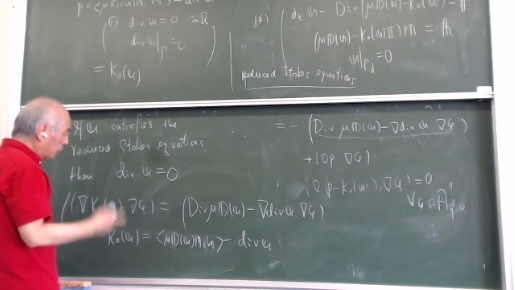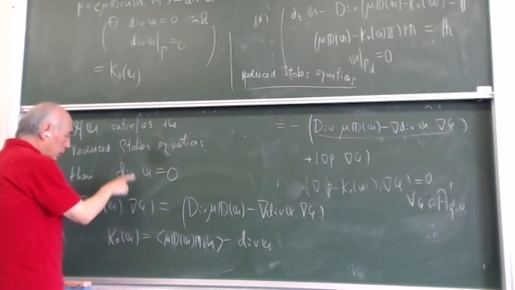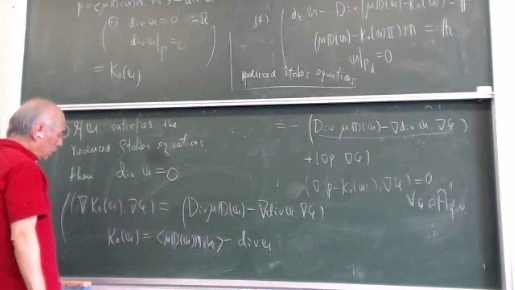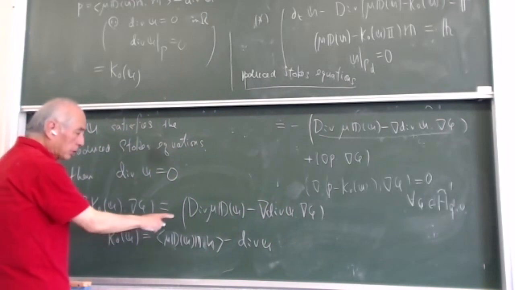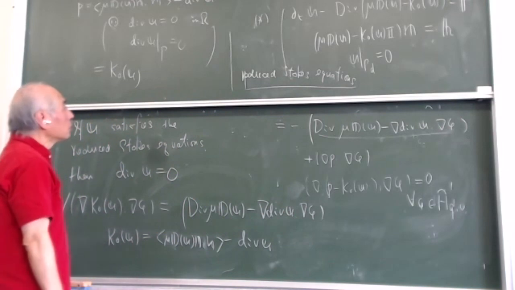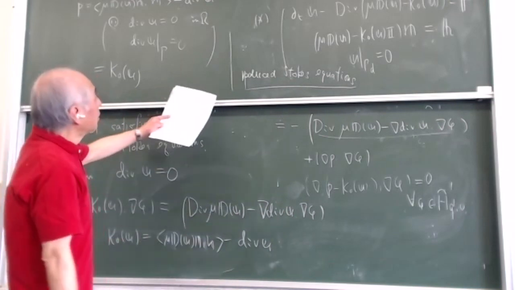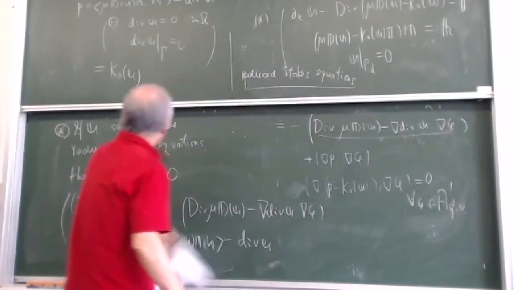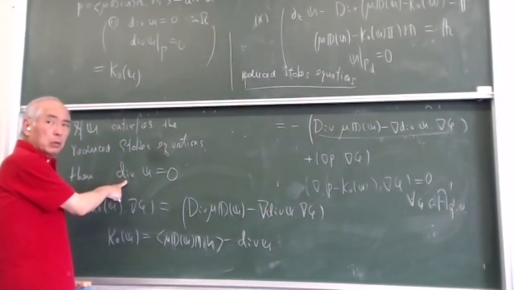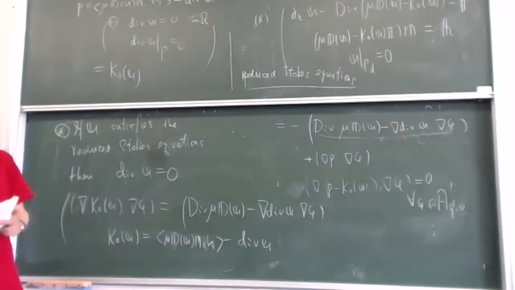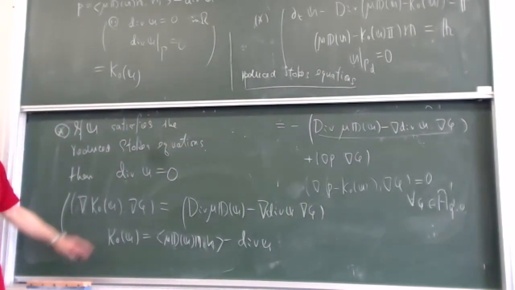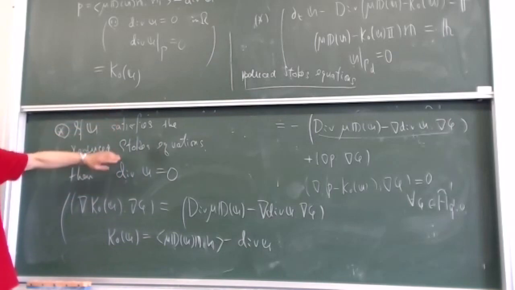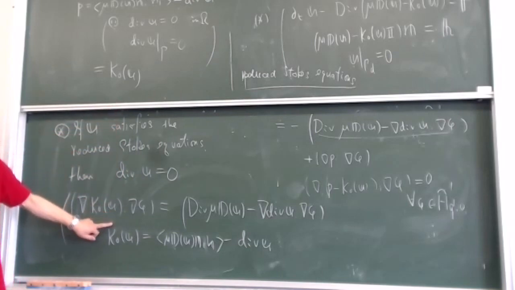But if we do not know div u equals 0, and K0u is defined in this way, and u satisfies this reduced equation, then you can show that div u equals 0. This is the role of K0u. So this is one of the ways to eliminate the pressure term.